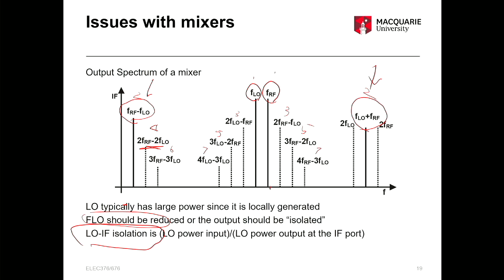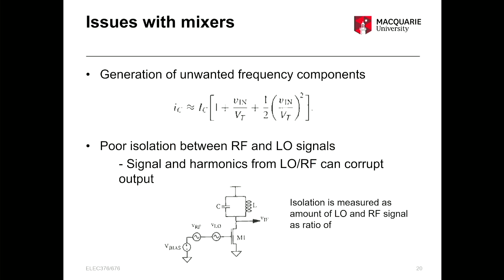Of course we are doing the low pass filtering, but as you've seen in the lab, there is only a limit. If the input signal is quite strong, you can't completely eliminate that. So there'll always be some traces of that signal there, right? So the LO-IF isolation is quite important when it comes to mixers. We will deal with that in the next class.